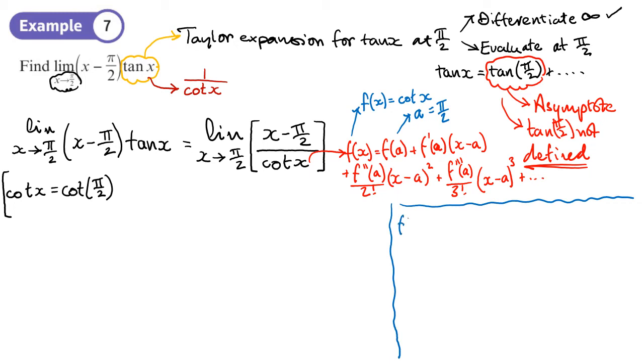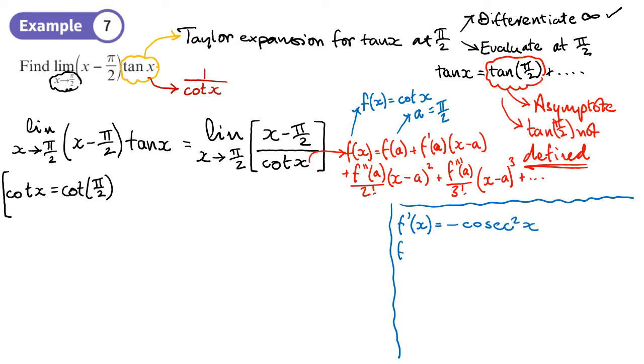So f dash of x will be cot differentiated. Now this is in the formula book, and it tells us that when we differentiate cot kx, we get negative k cosec squared kx, so k is 1, so it basically becomes minus cosec squared x.